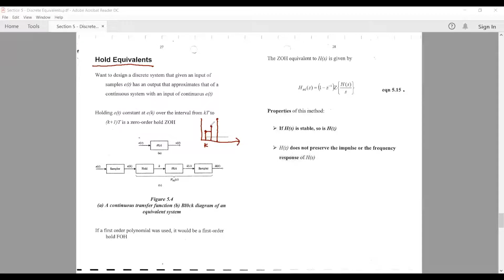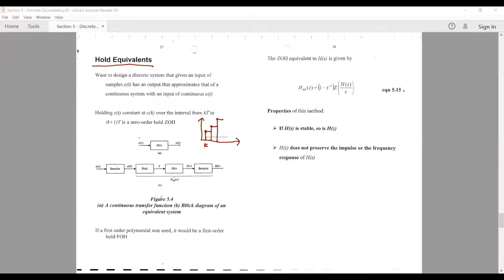Then the value at k plus 1 it will hold until we go to k plus 2, and then so on. The value at k plus 2 it will hold up to the next sampling period. So what we get is kind of a step function, something similar to this. That's what a zero order hold does.